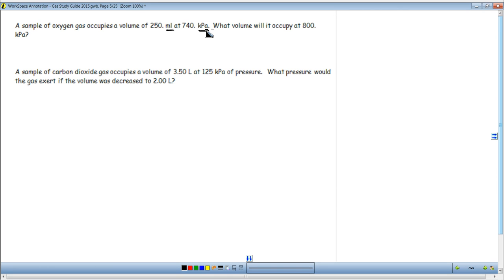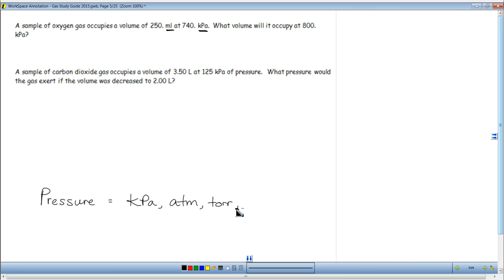So in a nutshell, the pressure units that you might see: kPa for the kilopascal, ATM for atmospheres. You might see torr, which stands for Torricelli, after the guy that developed the barometer.